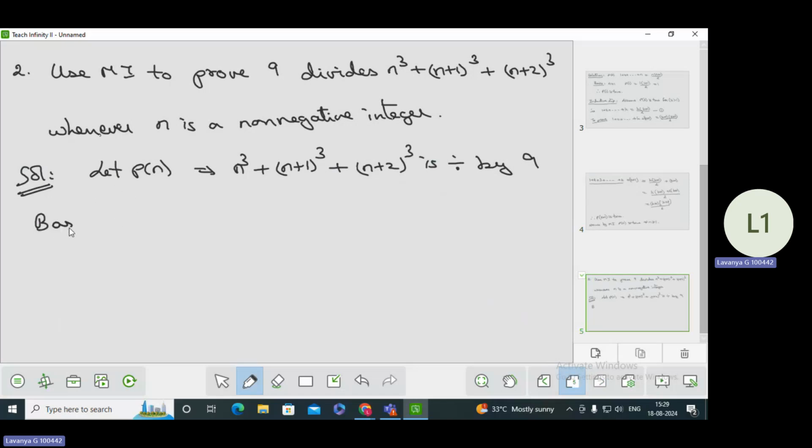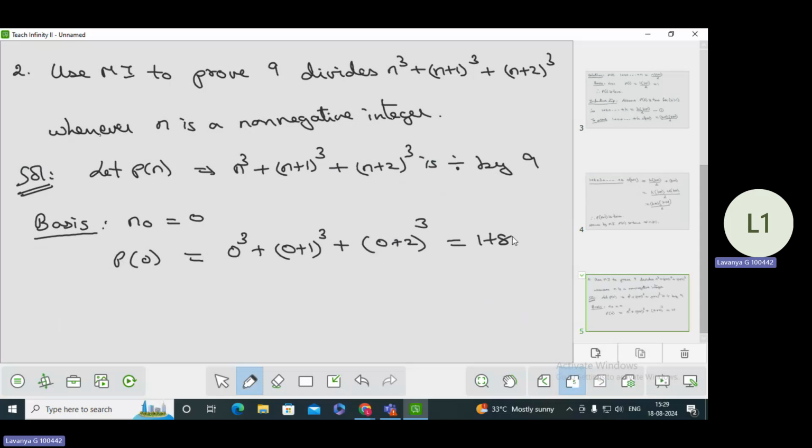Now what happens when I choose my basis? It is non-negative integer. The words non-negative integer say 0 is also included for me. So my basis condition, I have to take n equal to 0, or my P of 0 value. My P of 0 will be equal to 0 cube plus (0 plus 1) the whole cube plus (0 plus 2) the whole cube.